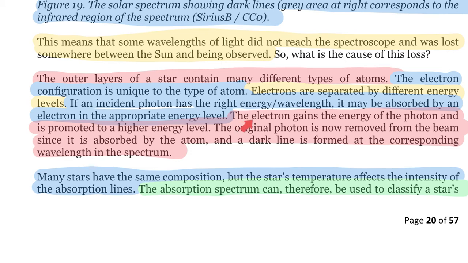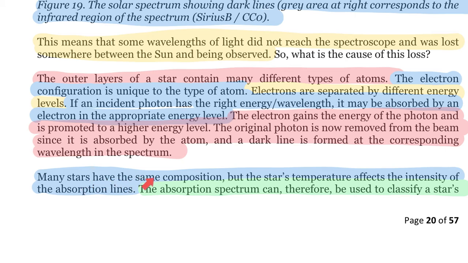So the electron then gains the energy of the photon and is promoted to a higher energy level. In other words, it makes a quantum jump to a higher energy level. Now the original photon is removed from the beam of light, or EMR, since it has been absorbed by the atom. And so the dark line is formed at the corresponding wavelength in the spectrum.